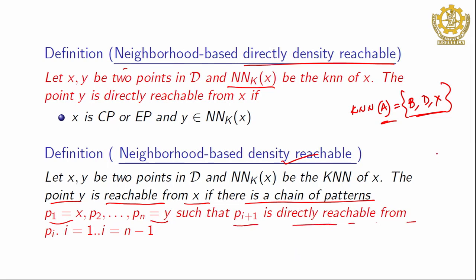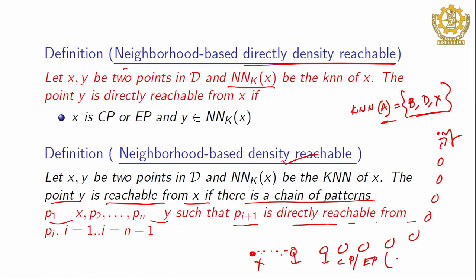That means you have a point y and you are trying to find whether y is density reachable from x, then there should be a set of points, and all subsequent points apart from the last point must have the relationship of directly density reachable. That means each individual point is either a core point or an event point, in other words they are cluster points.